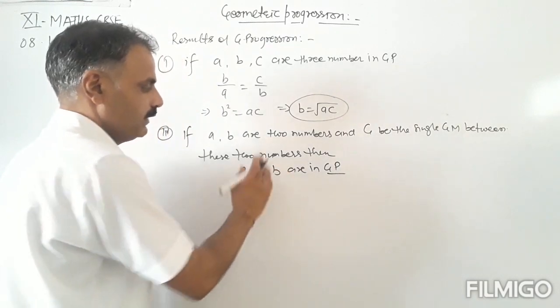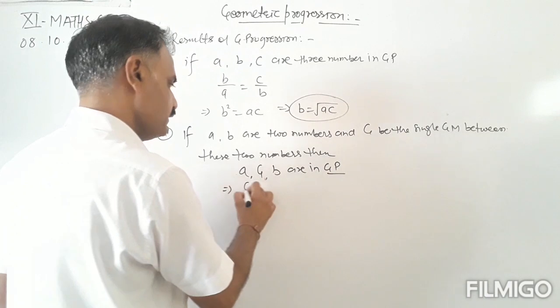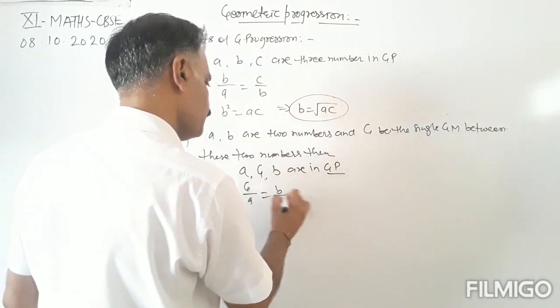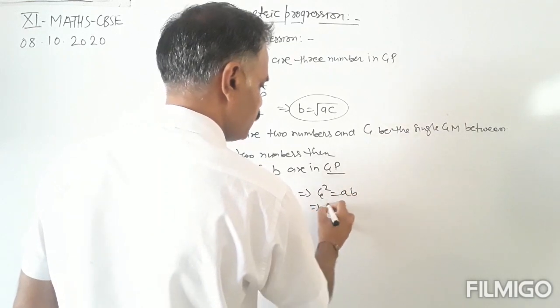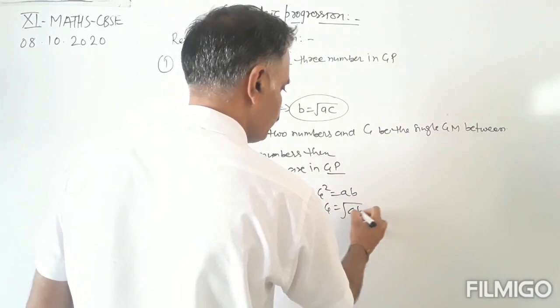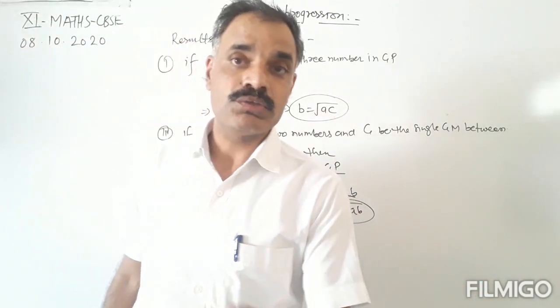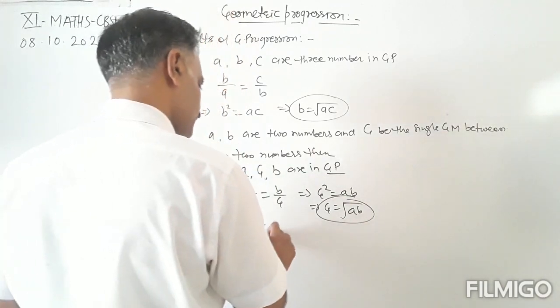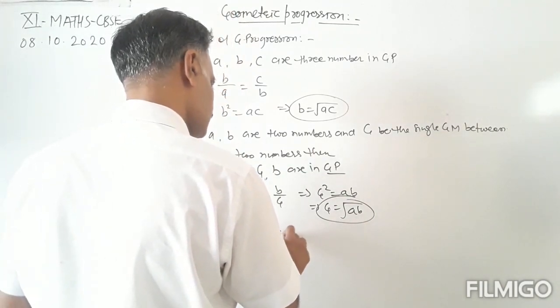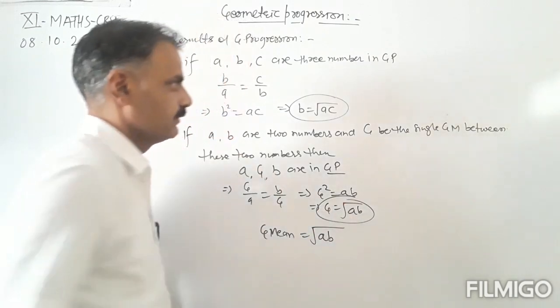That means G upon a equals b upon G, which means G square equals ab, or G equals under root ab. So G is the geometric mean between two numbers, given as under root ab.